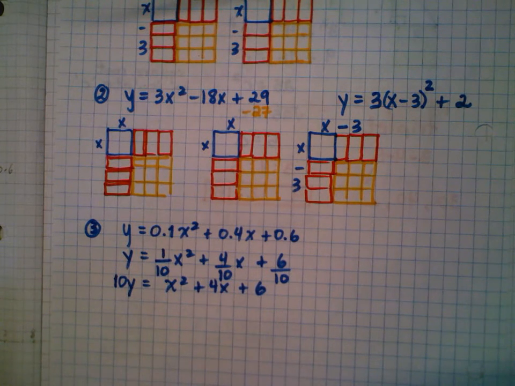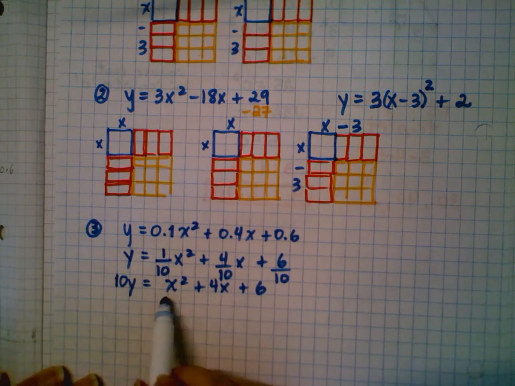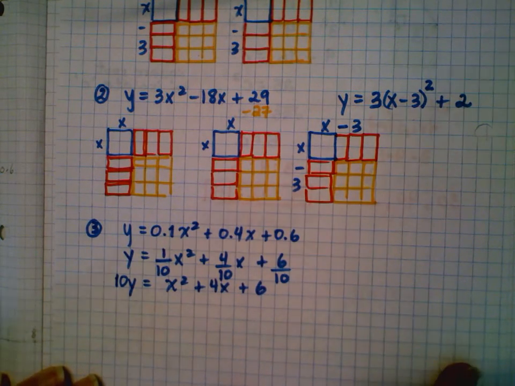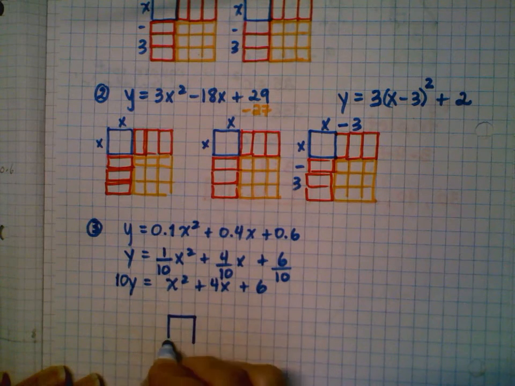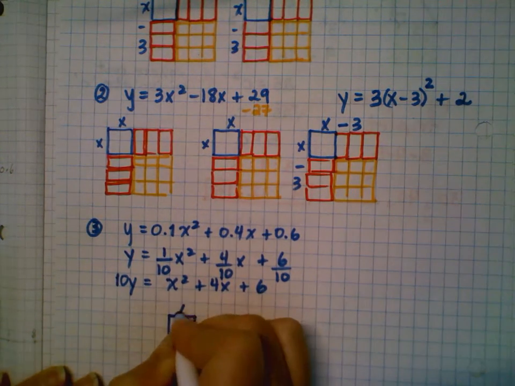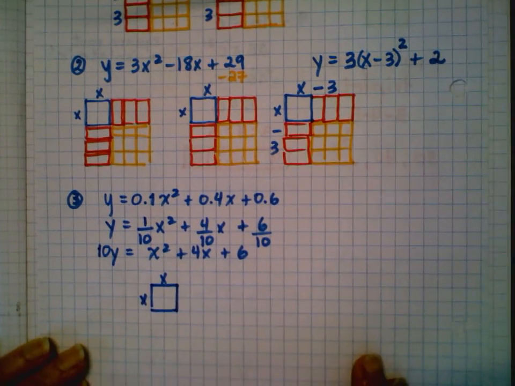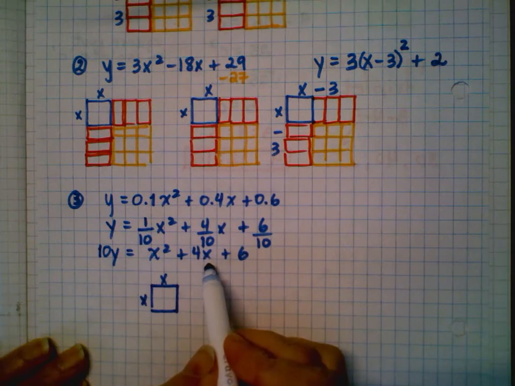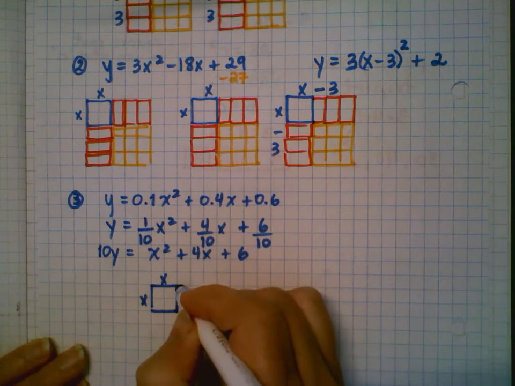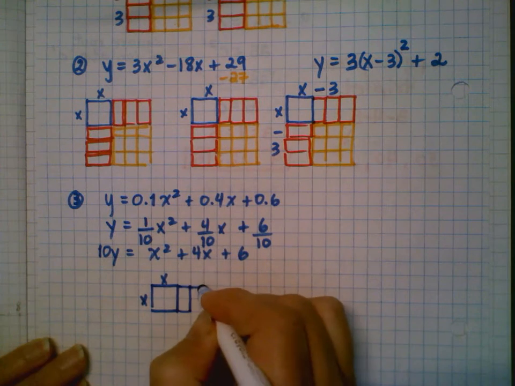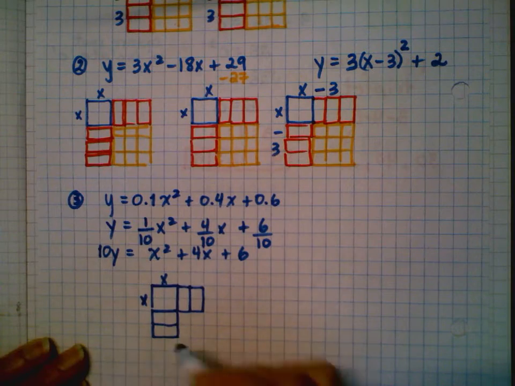Okay, so we're going to do completing the square now using the method that I was showing above. So I've got x squared represented with a little square that is x by x. I've got 4 x's that are going to be distributed to the right and below. So that's going to be 2 and 2, like this.